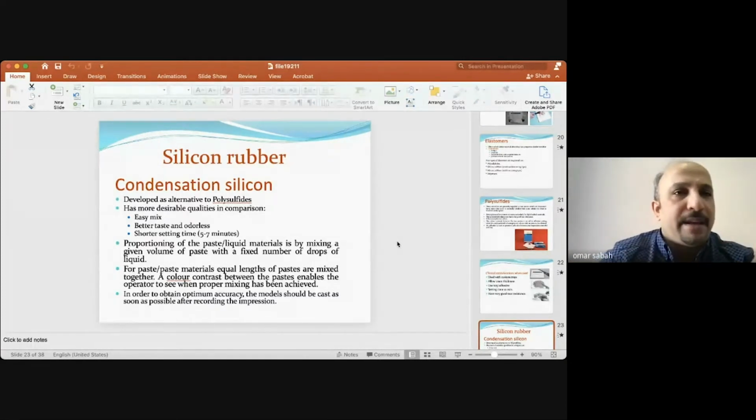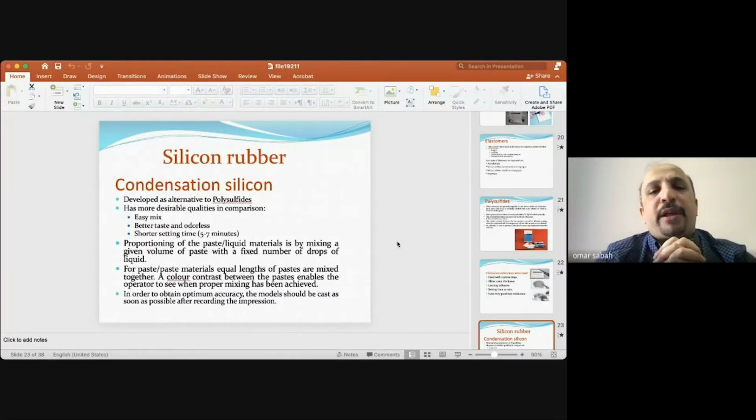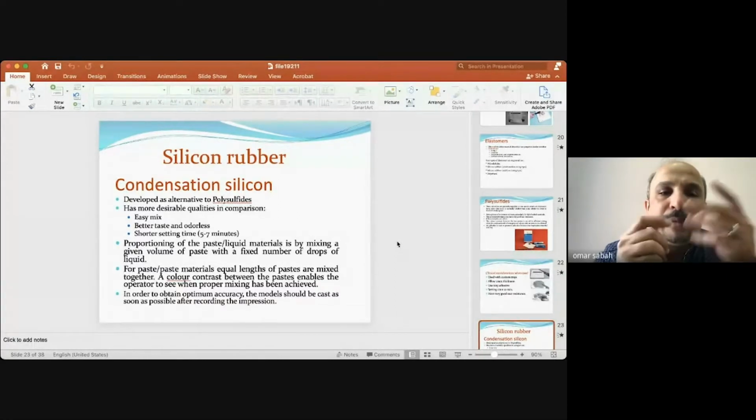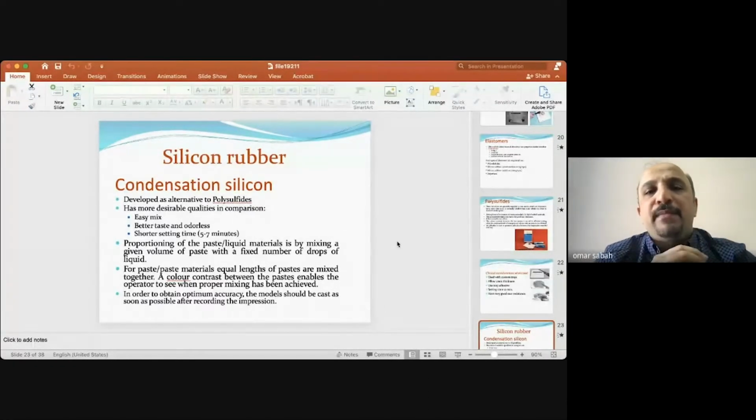So I take a spoon from here and a spoon from here, and mix them together to get the final setting of the final material. The light body material almost always comes either as paste and liquid or as two pastes, and I mix it with the same amount to get a final result.